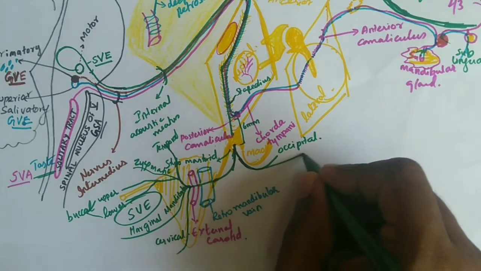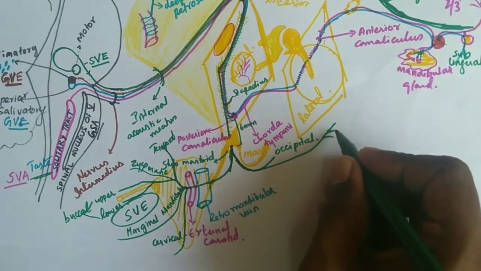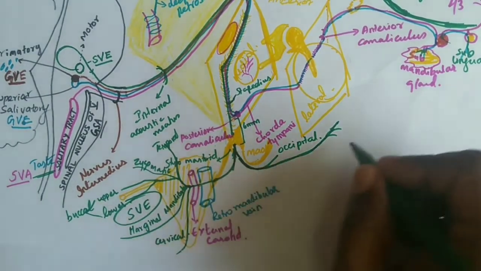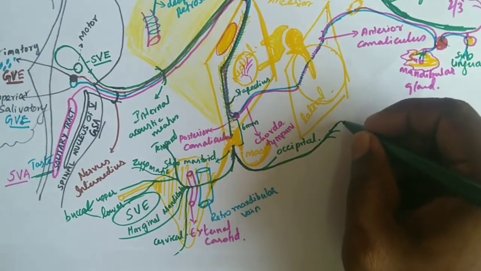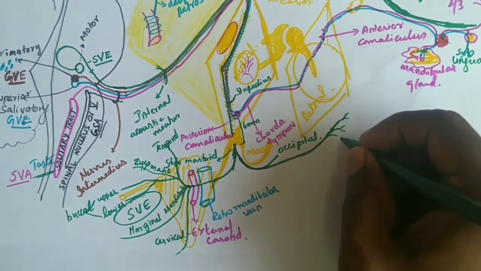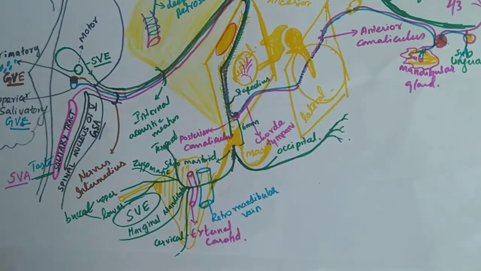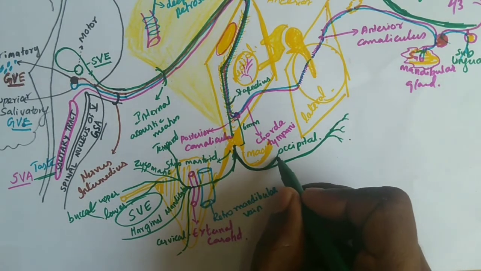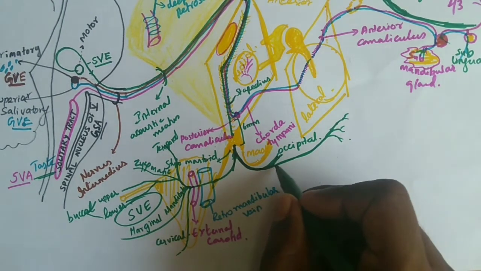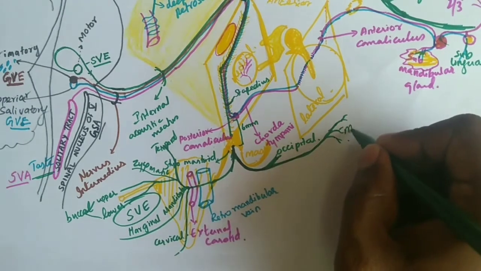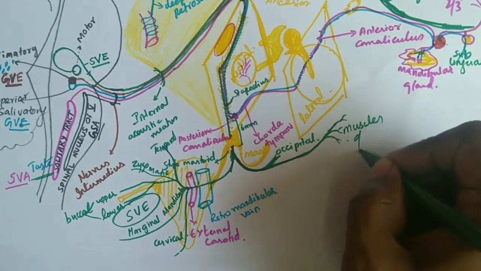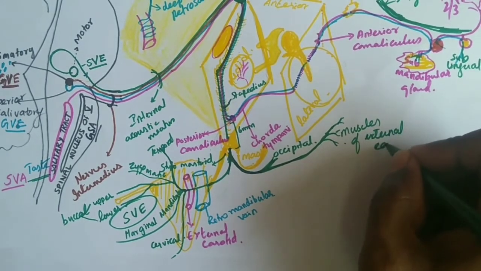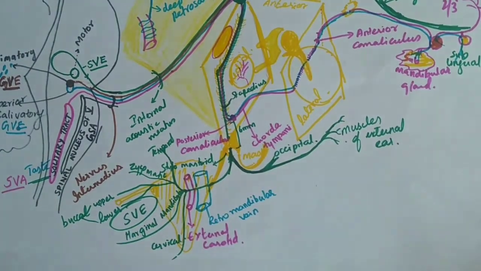One branch will be supplying the muscles of the ear. So this occipital branch will supply the occipital belly of occipitofrontalis and also the muscles around the external ear.